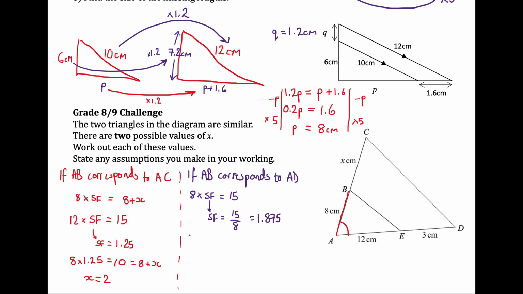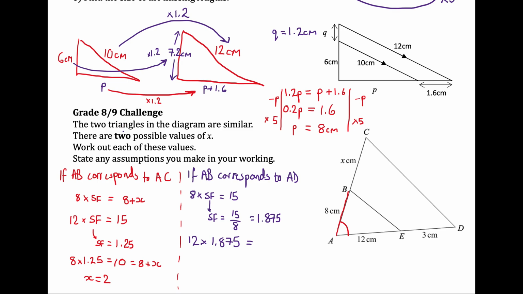Okay, so then this one, this 12, would correspond to this side AC. So 12 times by the scale factor, and I know the scale factor now, it's 1.875. And that would be, what would that give me?